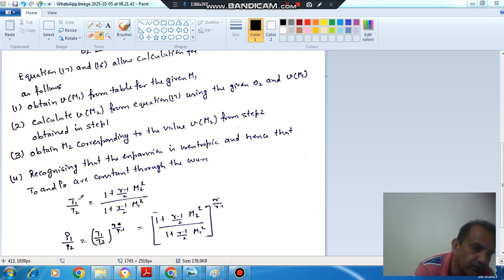If we divide these two, T naught cancels out, so T1 by T2 is equal to (1 plus (gamma minus 1) by 2 M2 square) divided by (1 plus (gamma minus 1) by 2 M1 square). Further, for the pressure ratio we can use the isentropic relation. This is the way to find M2, T2 and P2 if M1, P1 and T1 are known.